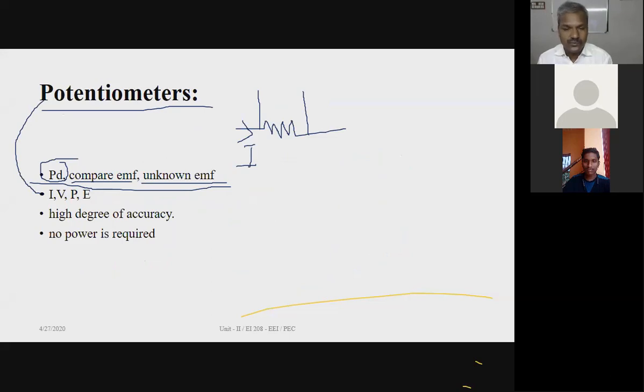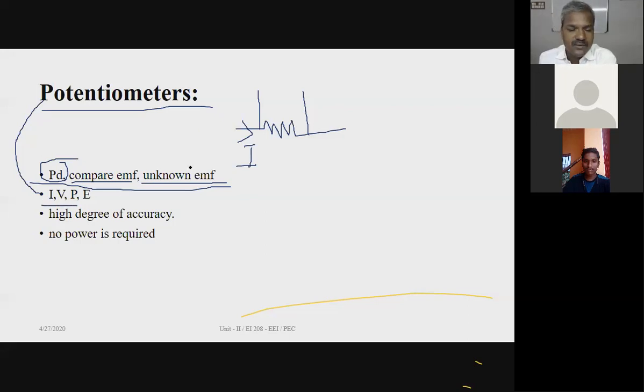If you can measure power and time, then power and time is nothing but your energy. For these applications, potentiometers are mainly used.